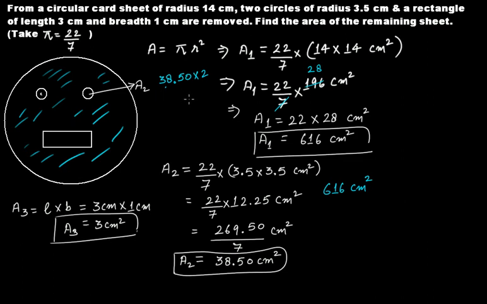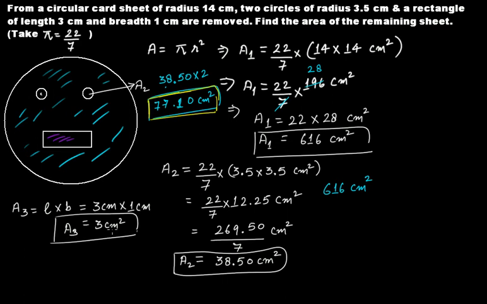So you get 77.00 centimeter square, the area of this plus this. Okay, so remember this. Now, what's the area of this rectangle?